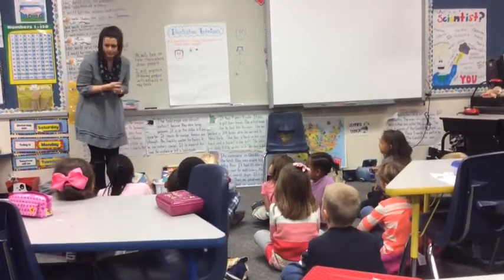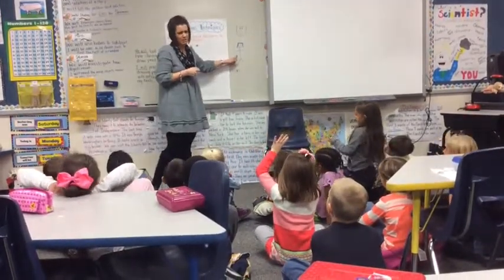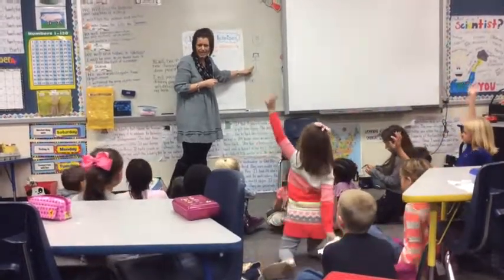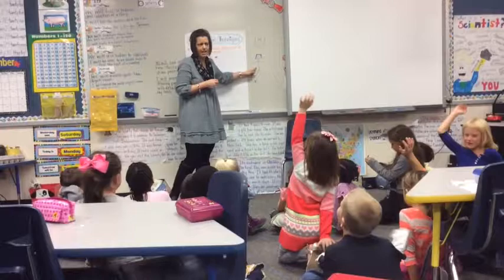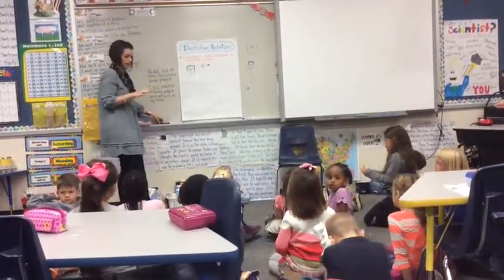Now what about the body? This is how we were drawing the body before. Not anymore. They were naked and didn't have any hands or feet. Okay, class. I'm going to show you an easy way to do it, okay? All right.